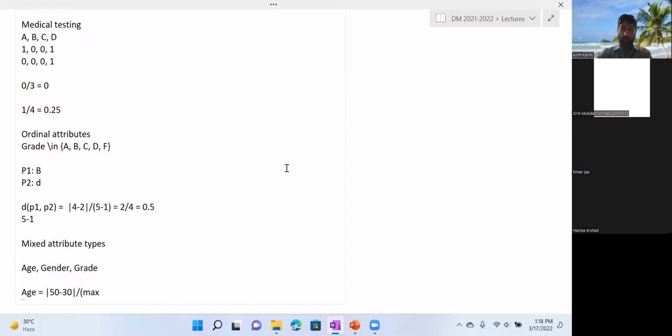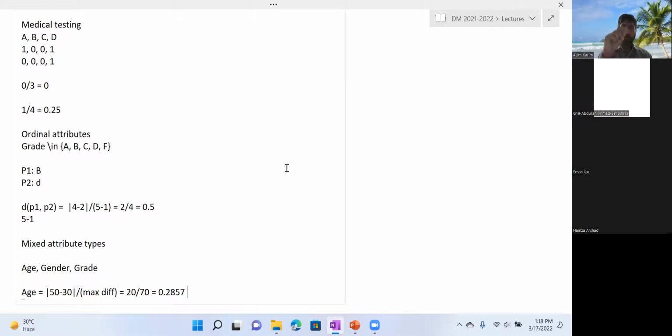So let's say the max difference was 70. So this would be your dissimilarity for this particular attribute only.